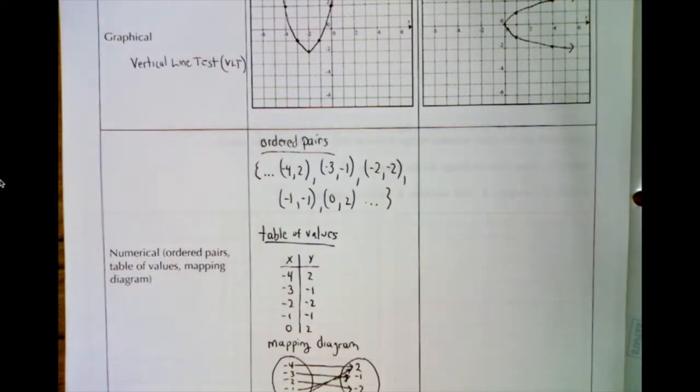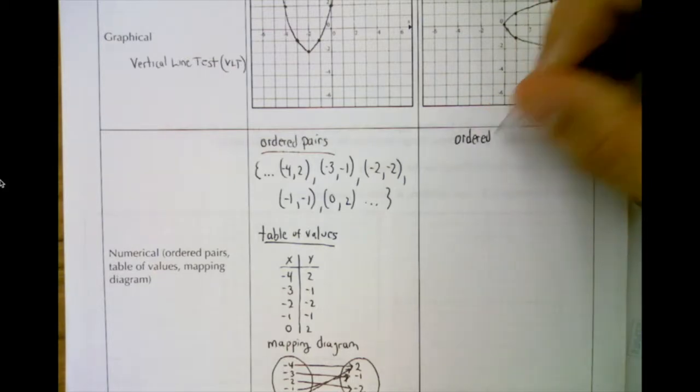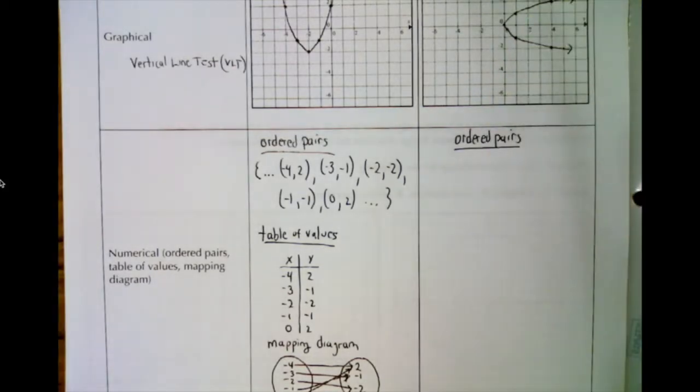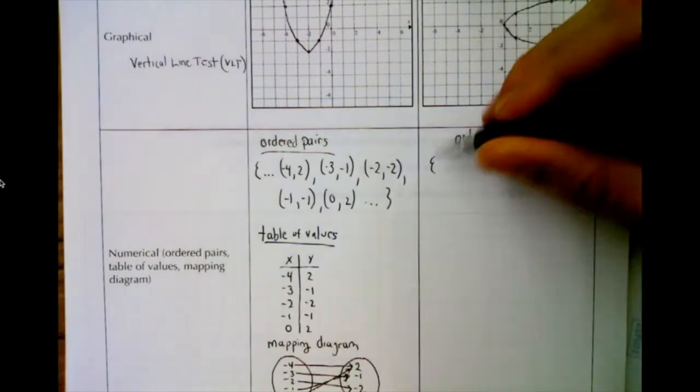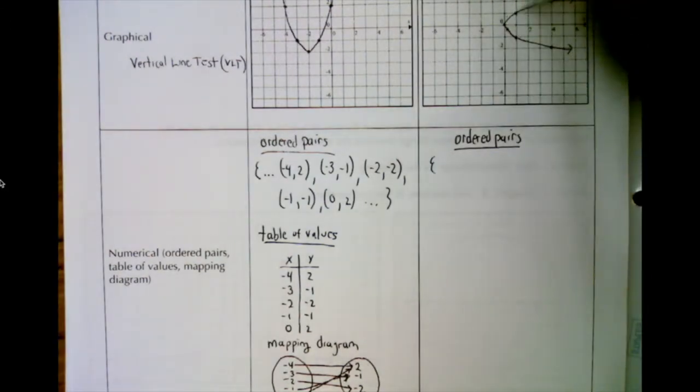Where we can see repeated x values is when we don't have a function, or we just have a relation. The ordered pairs for our non-function: we start, there's nothing more to the left, so I will start at 0, 0.